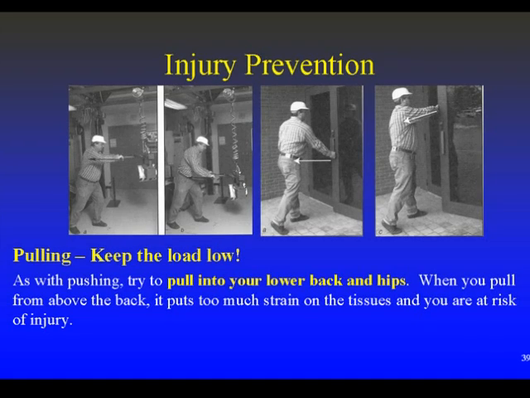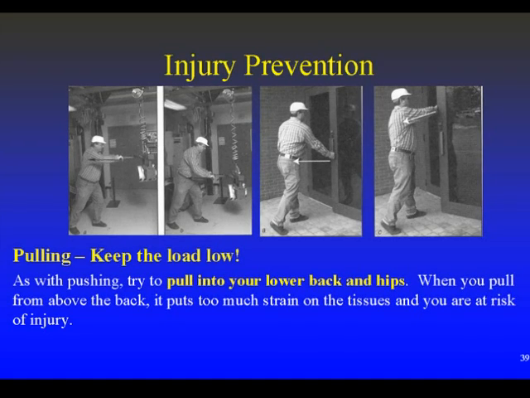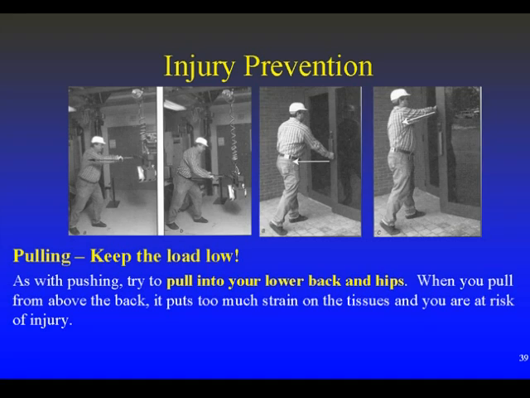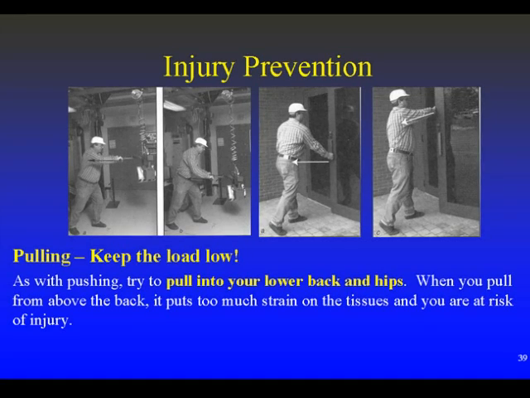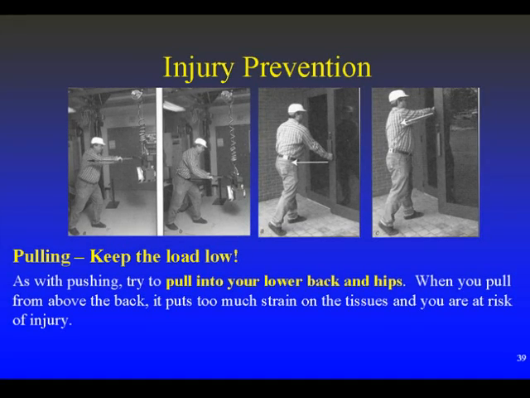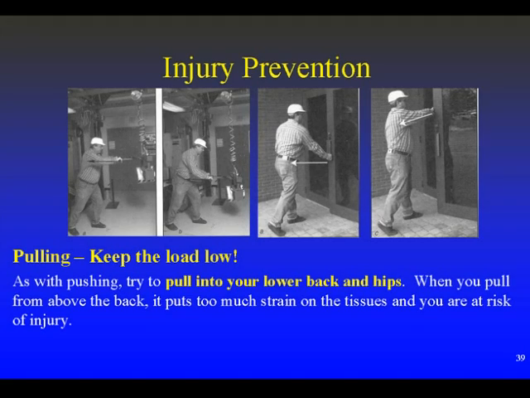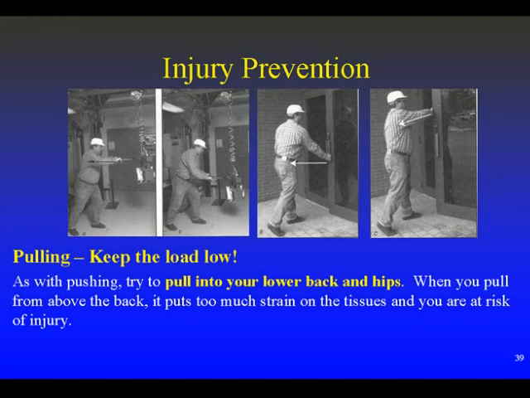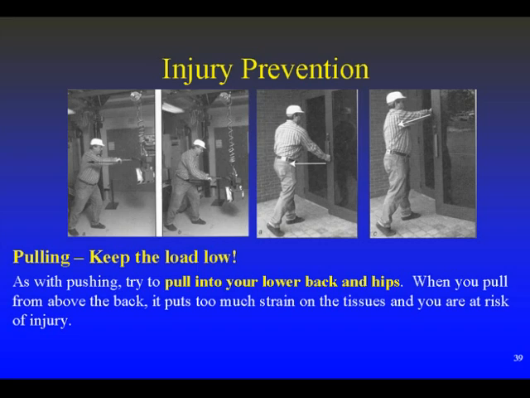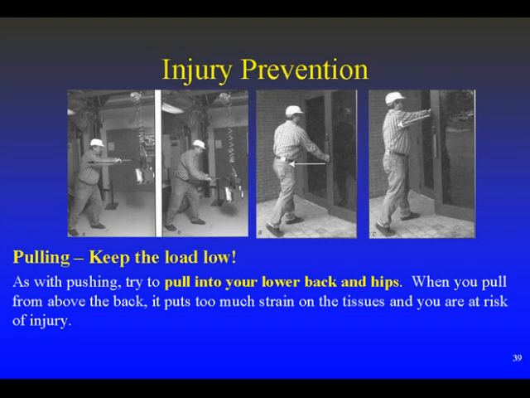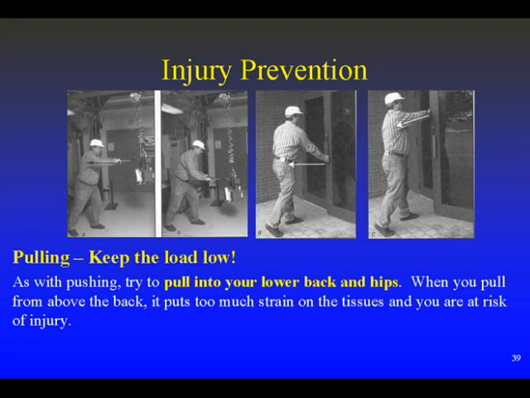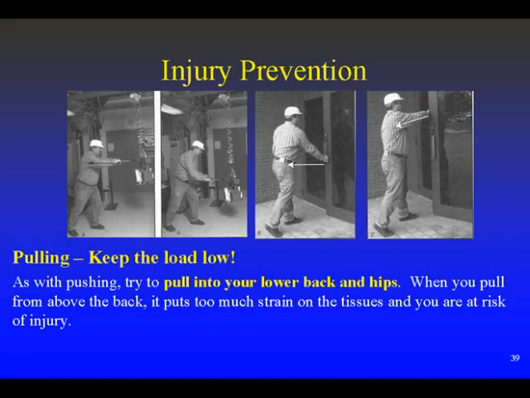When you do pull, keep the load low. The picture all the way to the left shows a man pulling on a high load, putting himself at risk. The next picture shows the corrected position. The man opening the door by grabbing the handle low is at less risk than if he grabs the door way up high.